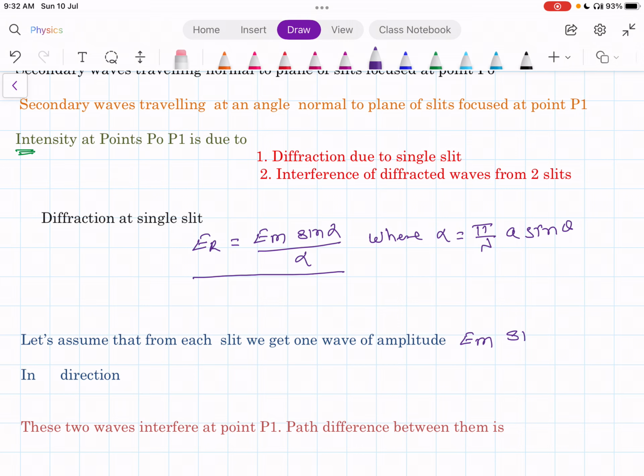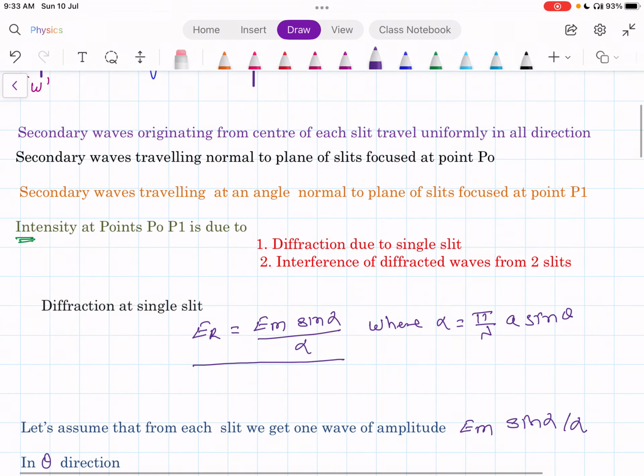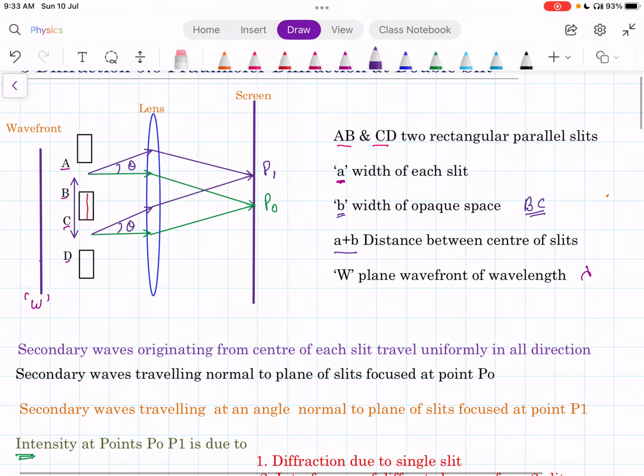We are assuming that from each slit we get a wave whose amplitude is Em sin alpha upon alpha in the theta direction. In each direction we get one wave. But in the theta direction, let us assume that the amplitude of that wave is equal to Em sin alpha upon alpha.